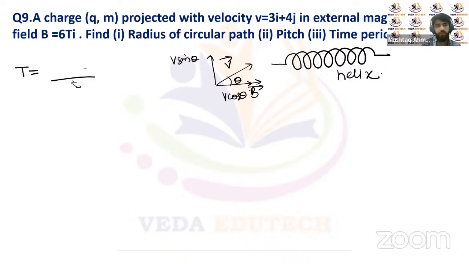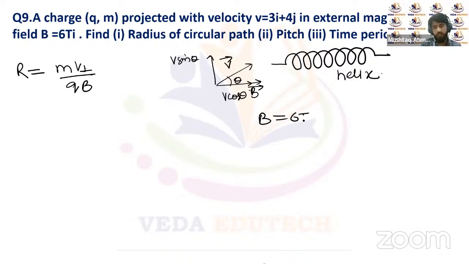Now let's first calculate the radius of the circular path. The radius will be m v perpendicular upon qB. So it will depend upon the perpendicular component of the velocity vector, which decides the radius of the circular path. You can see here the magnetic field is along the x direction.